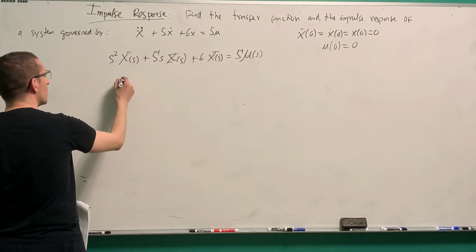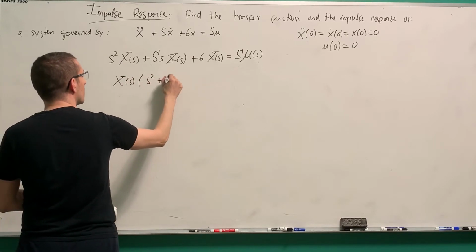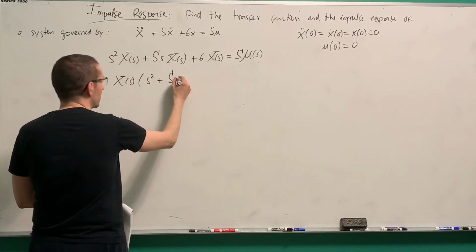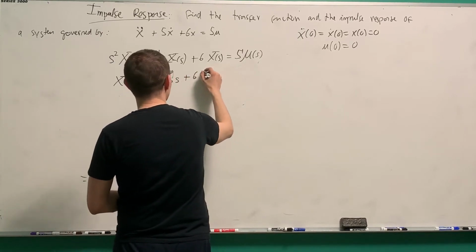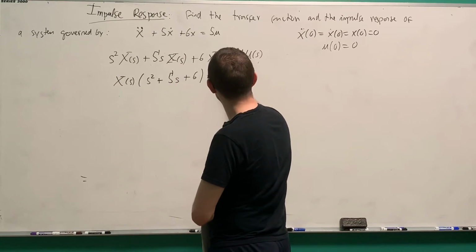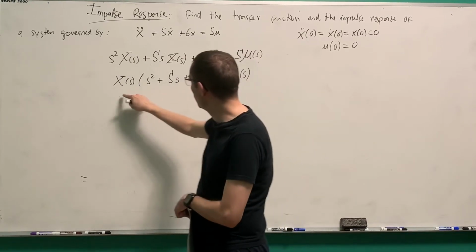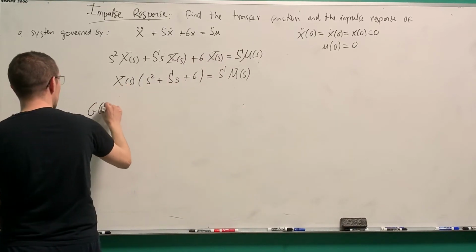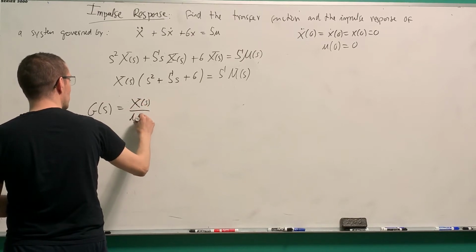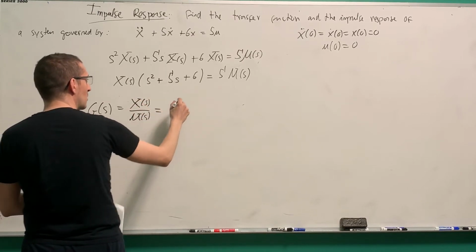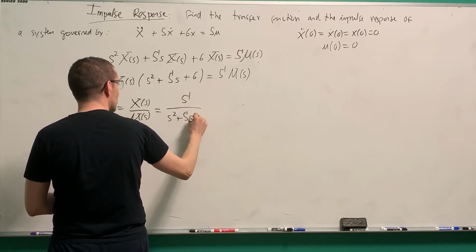I group X of s, which multiplies s squared plus 5s plus 6, equals 5 times U of s. Now G of s, which is X of s divided by U of s, is equal to 5 over s squared plus 5s plus 6.